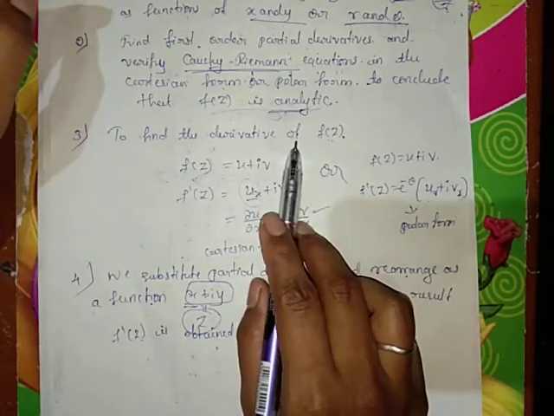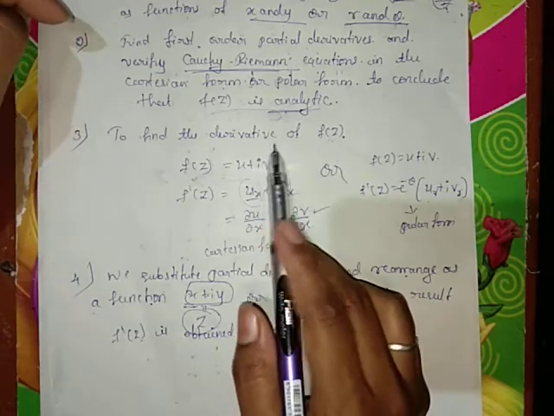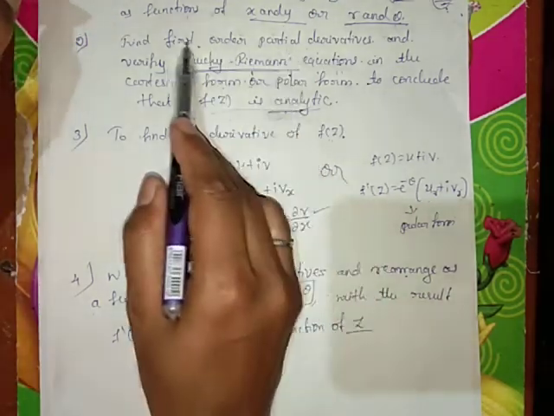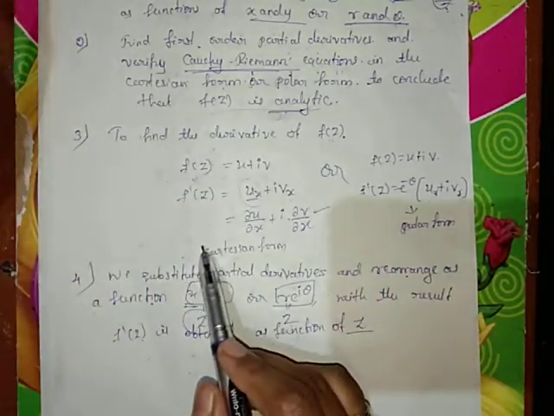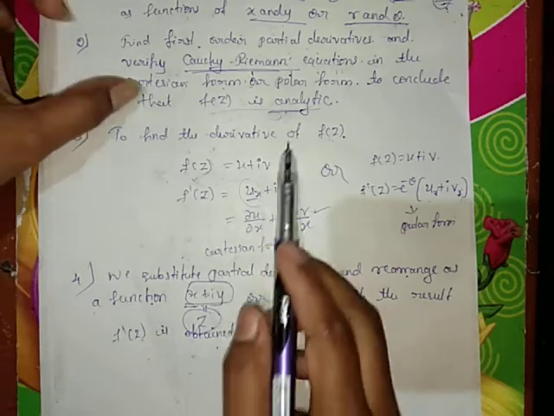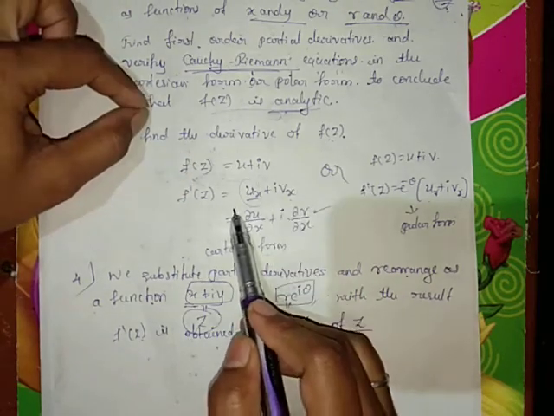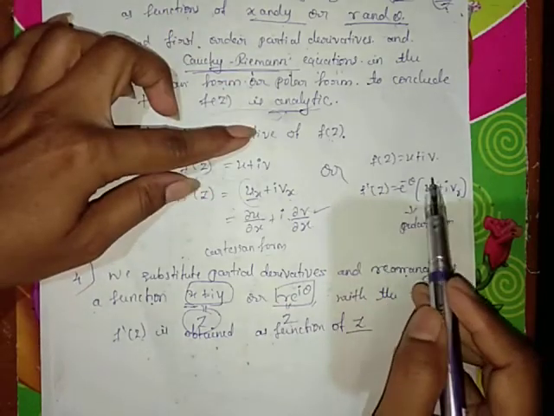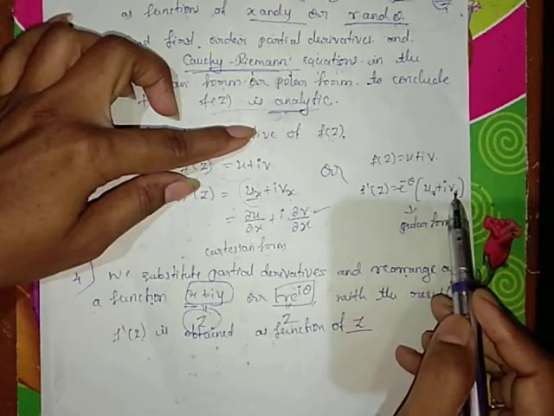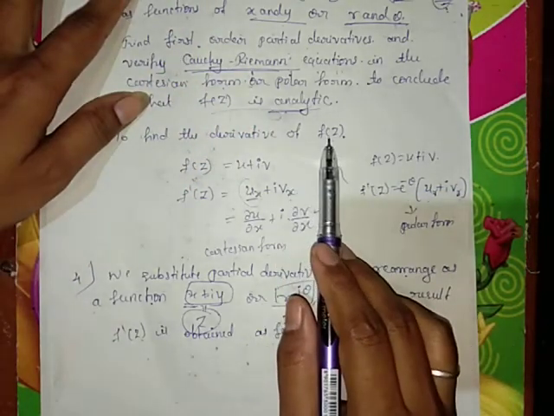So to find the derivative of f of z, we again use the fundamental results we established in the second step to verify the Cauchy-Riemann equations. Those are ux, vx. Here f dash of z equals ux plus i vx in the Cartesian form. In the polar form, f dash of z equals e raised to minus i theta into ur plus i vr. Those are the Cartesian and polar forms of the derivative of f of z.